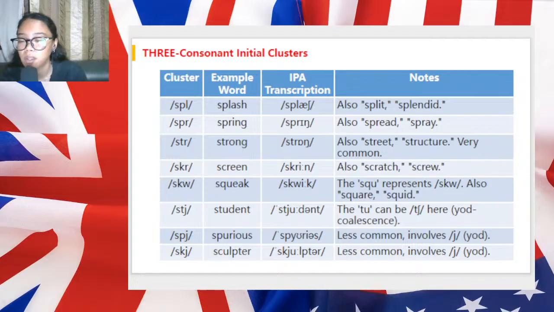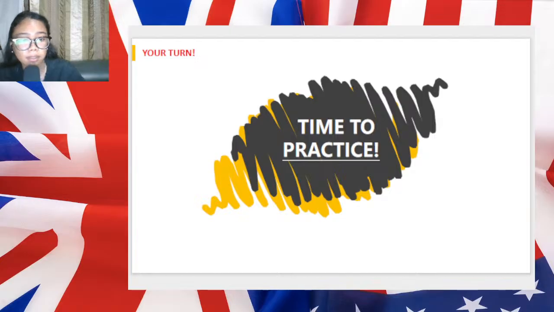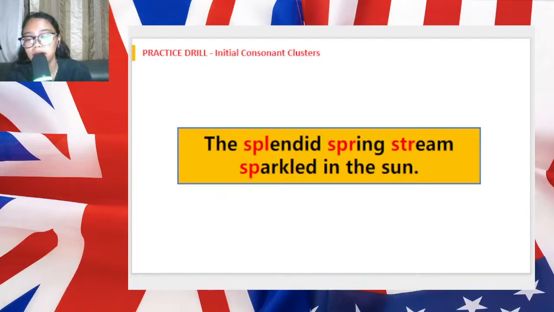All right. So we've spent a good amount of time looking at the consonant clusters that appear at the beginning of words, which is what we consider our initial clusters. And of course, as I mentioned earlier, it's your turn to put this into practice. It's time to practice what you've learned so far from this session.